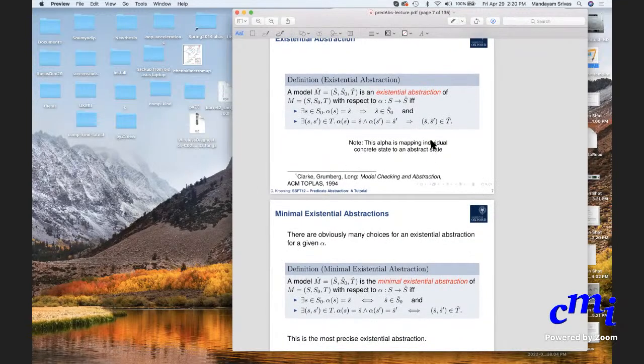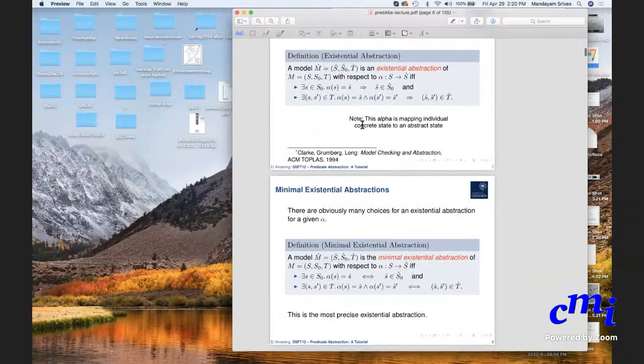And now this is just the minimum. This is the constraint that it imposes. Since it says that if there are such conditions, then there must be a transition. Of course, you can add more transitions, and so there are several different variations that are possible based on this existential abstraction constraint.